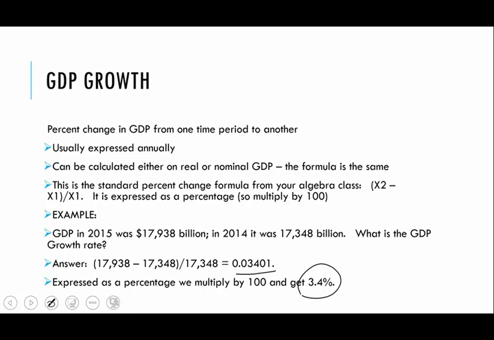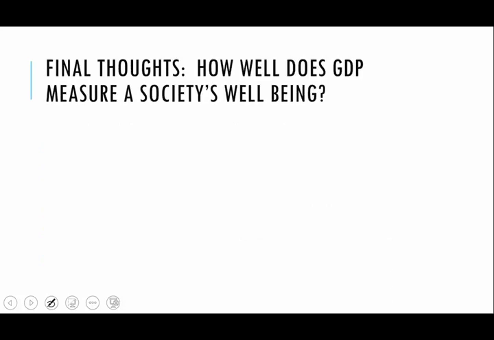So we've gone through all the ways GDP is calculated, or two of the ways GDP is calculated. We've gone through some of the things that are left out, some of the things that have been brought up as problems with it. We've gone through how to go from nominal to real. We've gone through GDP growth.